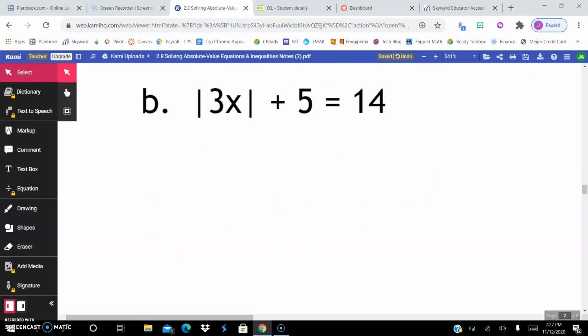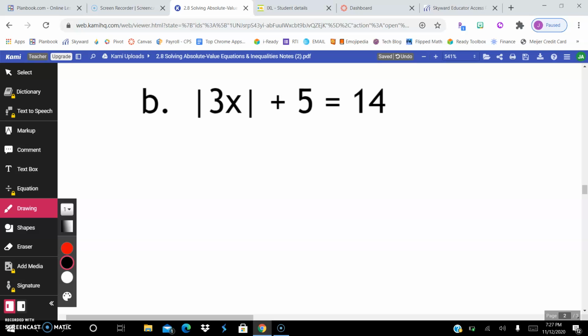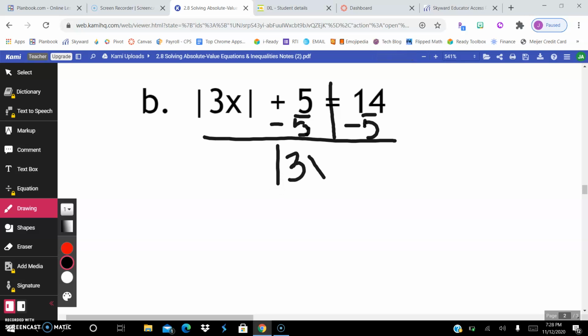And then this one, if it has an equal sign and it has something that's not in the absolute value signs, then we have to move that first before we break it into our two parts. So I'm going to subtract 5 first. So I have the absolute value of 3x, and then 14 minus 5 would be 9. Now I can break it into two parts.